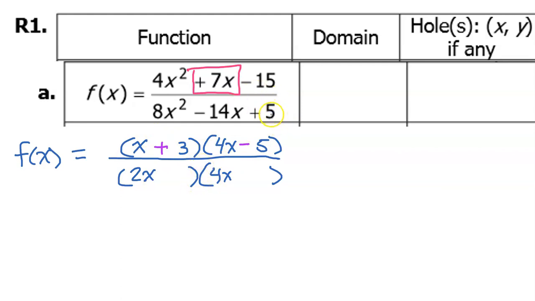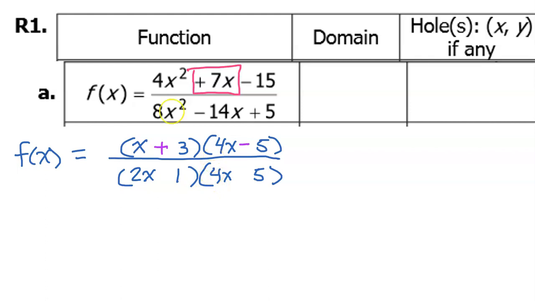And in the same way, now I jump over to the third term. This can only be 1 times 5. It does matter which goes first and which goes second. But again, I see the 5 in the numerator, the 4x minus 5. So as a guess, I'm going to start with 1 here and 5 here.